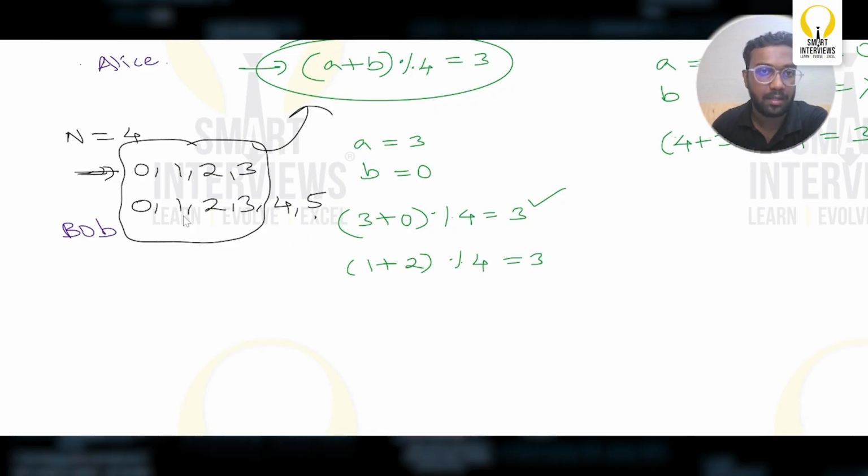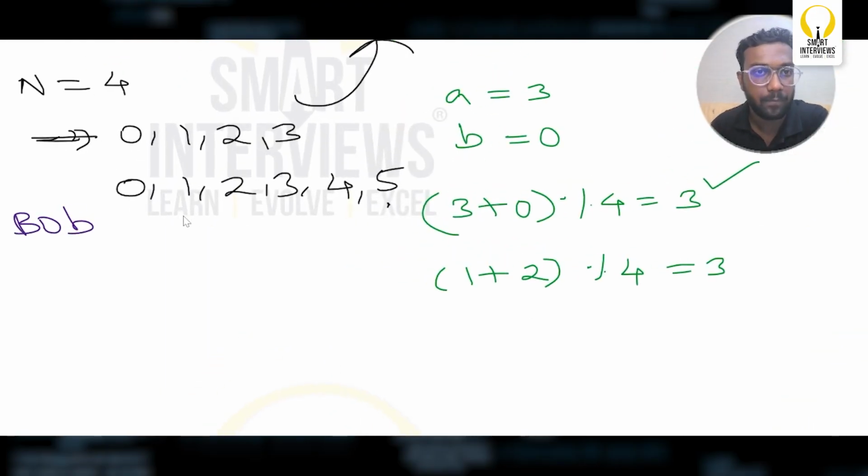So, do you understand? It always depends on the last number of the blackboard. Because, as you can see, if Alice picks this last digit, Bob will obviously pick 0.